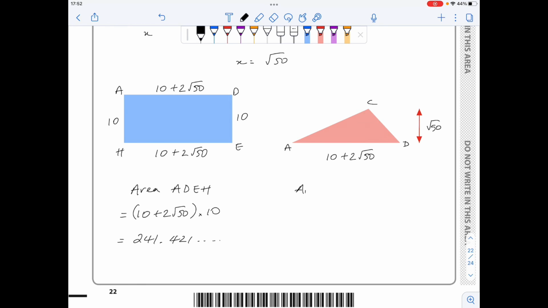And the area of triangle ACD is equal to 10 plus 2 square root of 50 times the height, which is square root of 50, divided by 2, which comes out to be 85.355 and so on.